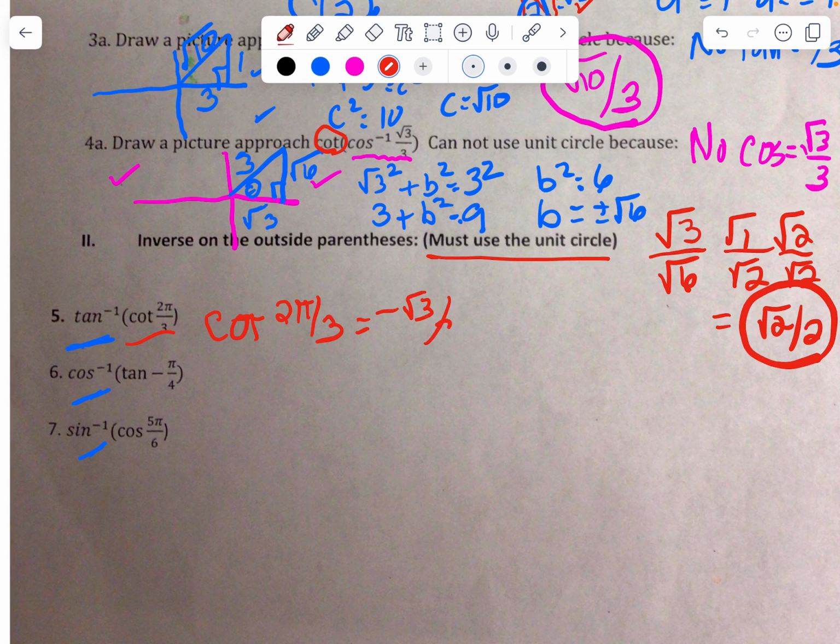So then my problem changes to the tan inverse of negative root 3 over 3, because I found that inner parenthesis to be negative root 3 over 3. And then the tan inverse of negative root 3 over 3 is negative pi over 6.